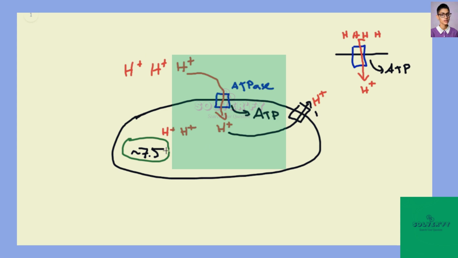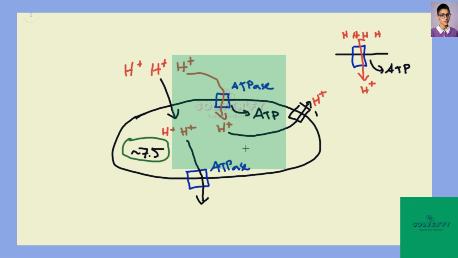Alternatively, the hydrogen ions could enter the cell passively by diffusion, and an ATPase enzyme in an inverse orientation could actually be the enzyme that pumps hydrogen ions out of the cell. But notice in this case, it would likely be against their concentration gradient.